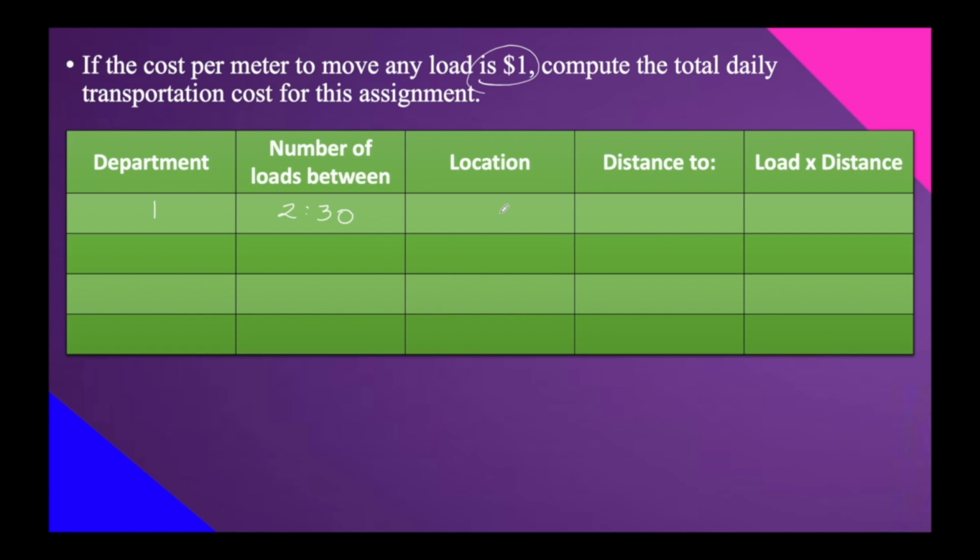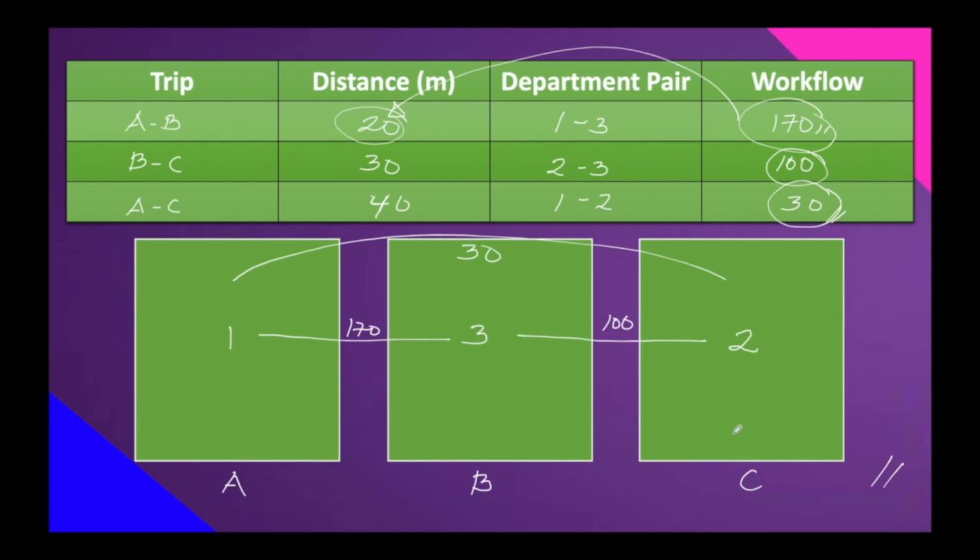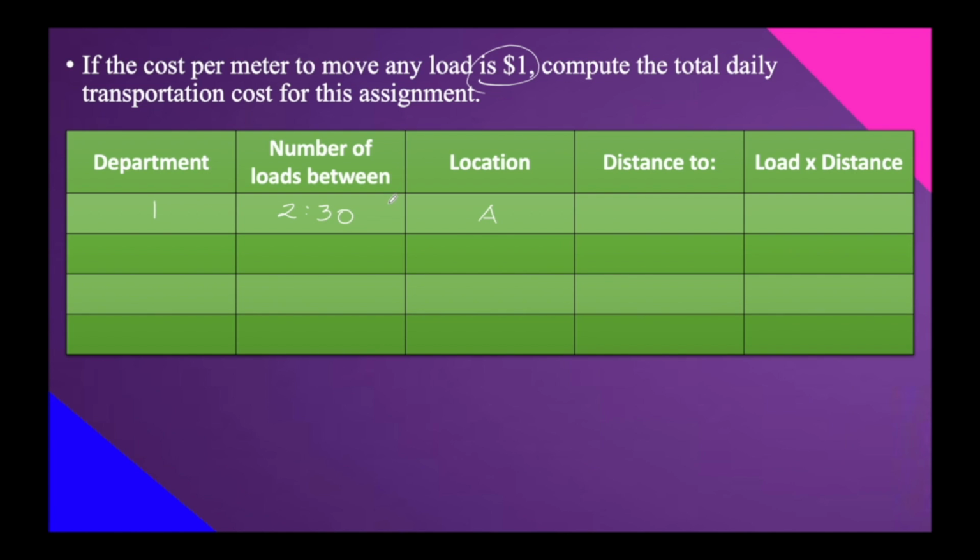Nasa location A siya. Okay, and for the distance, which is 1 to 2, that is A to C. Okay, the distance A to C is 40. Okay, so let's have C here, which is 40. So, load times distance. Okay, load times distance, that is 30 times 40.